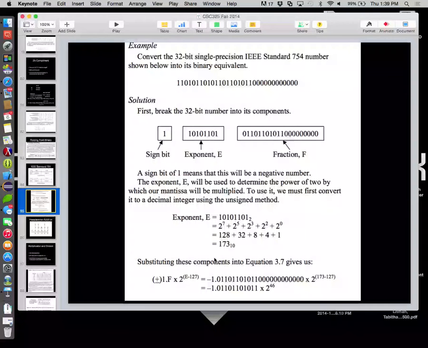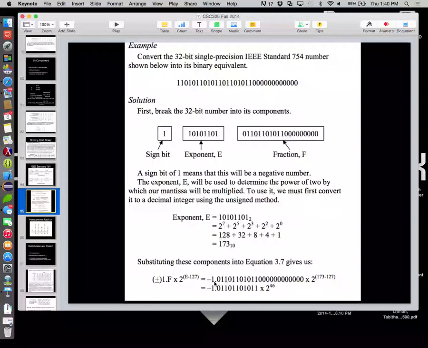All right, now, substituting these components into this equation, 1.f, f being the fraction, this guy up here, times 2 to whatever our exponent was in decimal minus 127, should give us a binary number. We know it's negative, so that's where this says plus or minus 1.